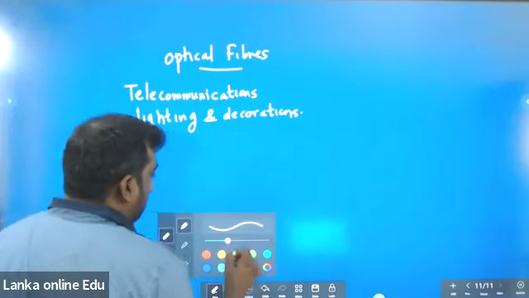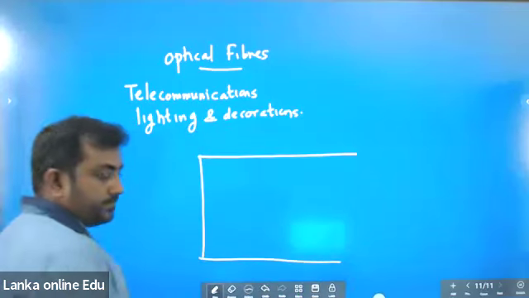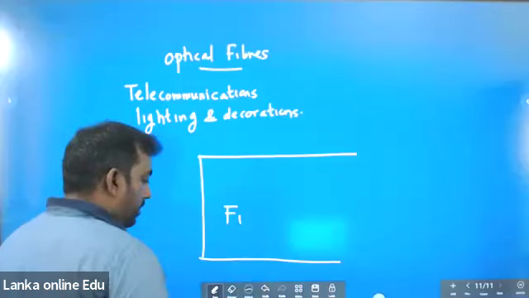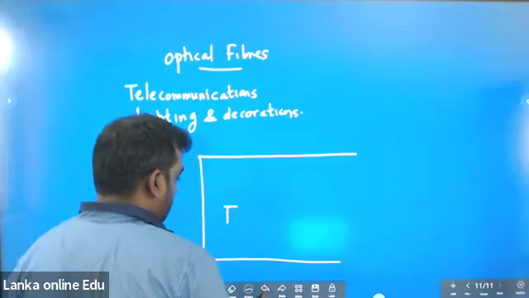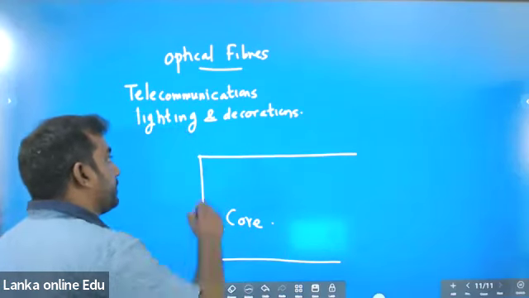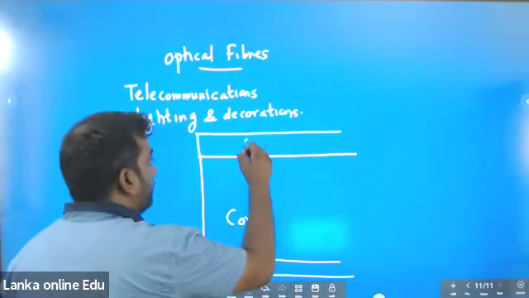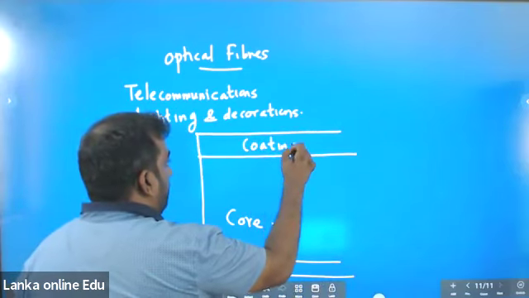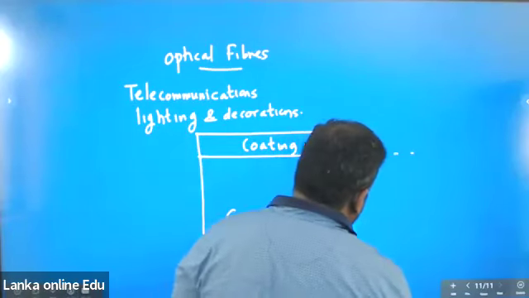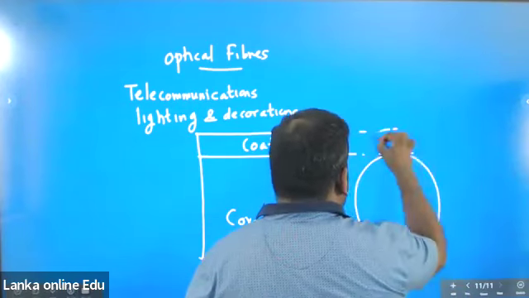Now, how does it work? Let's say there's an optical fiber. This is called the core. And there can be a coating as well. Here you go, the core, here you go, the coating.